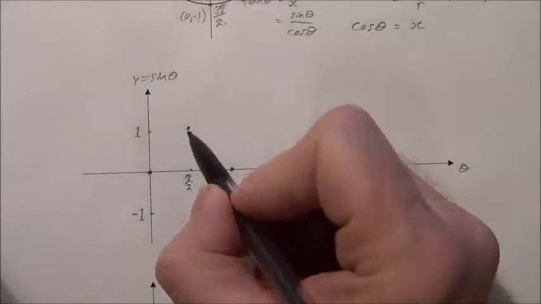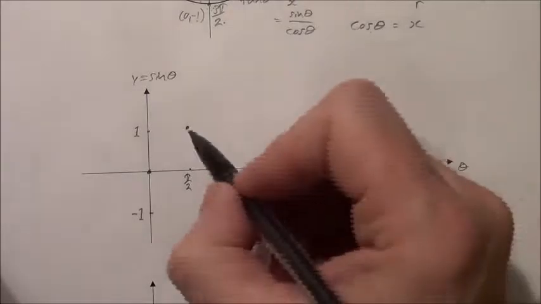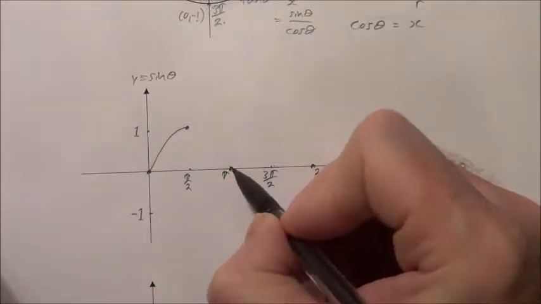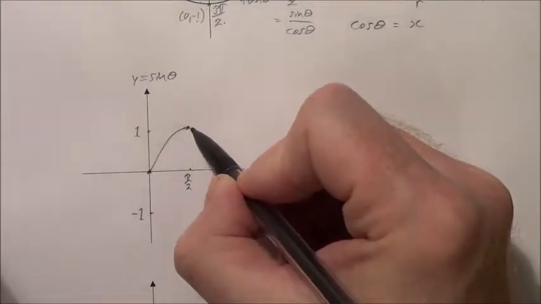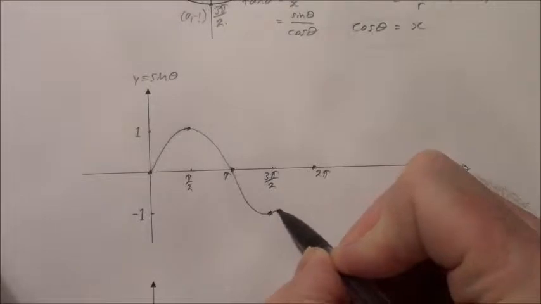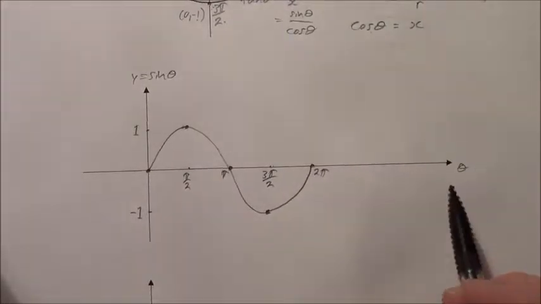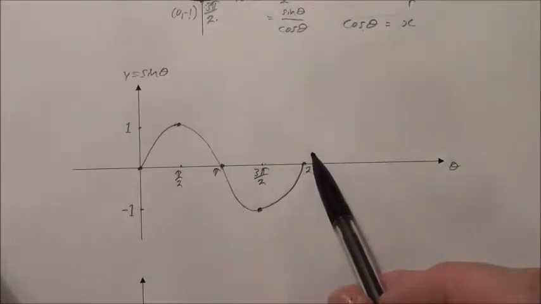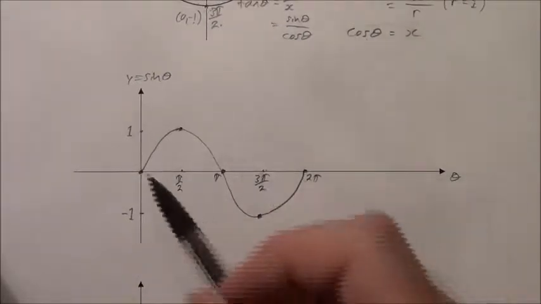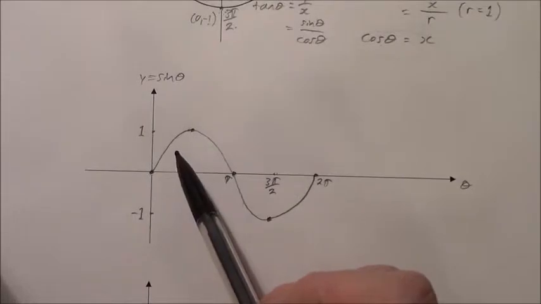So then we can draw a nice smooth curve through these. I'm not the greatest artist, but I'll try to make it as smooth as I can and hit all these points the best I can. So it's going to look very similar to that. So that's one wavelength, or one cycle, one period of the sine curve.